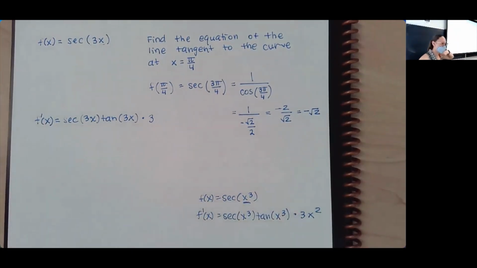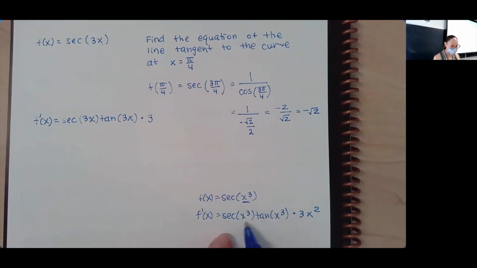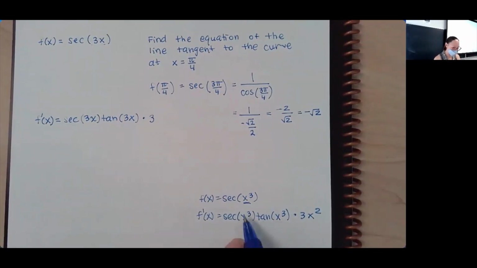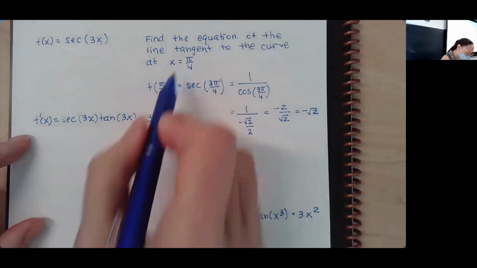So it also applies to something like x plus 1, secant of x plus 1? Yep, absolutely. No matter how gross it gets inside of there, we've got to put the whole gross thing inside of the secant and the whole gross thing inside of the tangent. Okay, so now I'm ready to evaluate this at pi over 4.